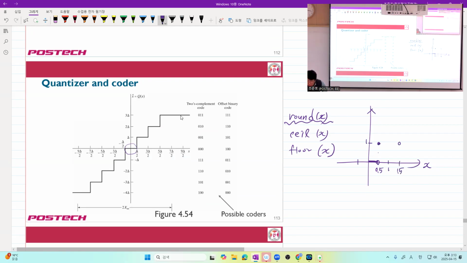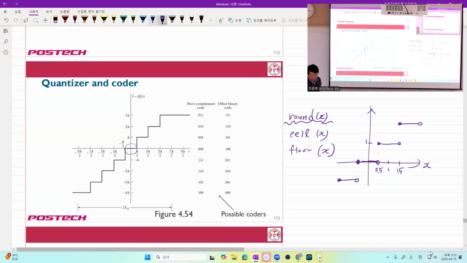At 1.5, you still have 1. So if you have the same idea continuing, then you must define it this way, right? So it's not that difficult.